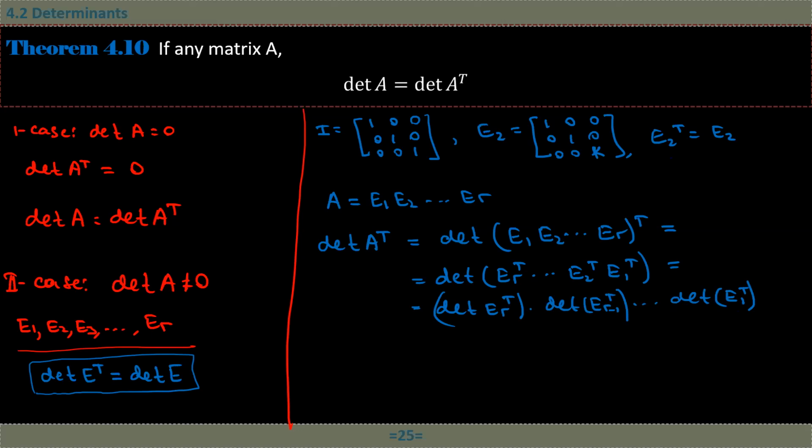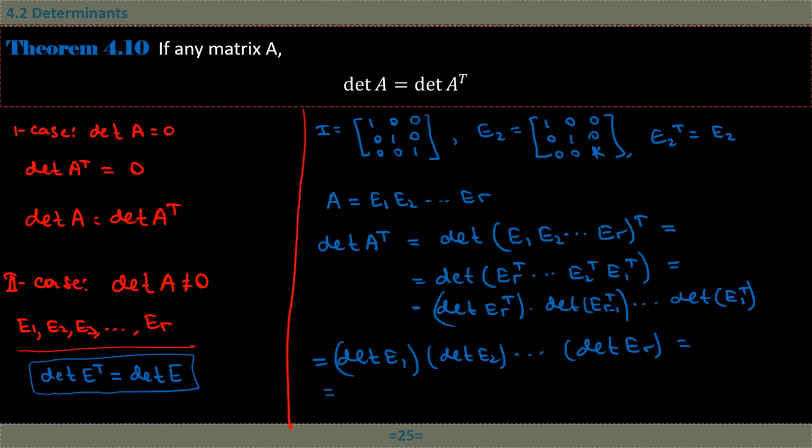Now, from here, we know that the determinant of an elementary matrix transpose equals the determinant of E. Rearranging this, since they are just scalars, I can write it as the determinant of E1 times the determinant of E2, ..., times the determinant of ER.